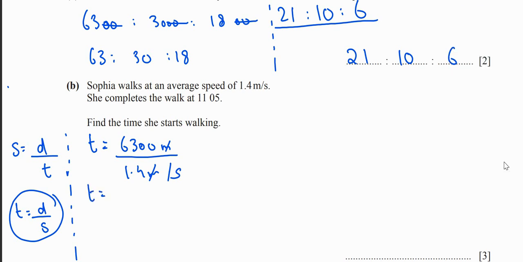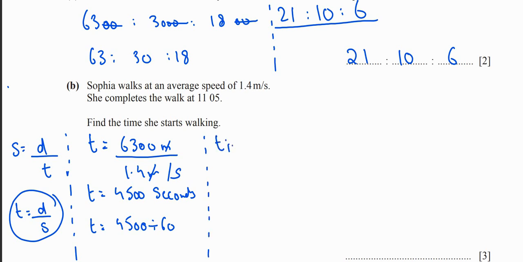So it takes her 4,500 seconds. Now I will convert 4,500 seconds into minutes. So I will do 4,500 divided by 60. So time is equal to 75 minutes. 75 minutes actually means 1 hour and 15 minutes.